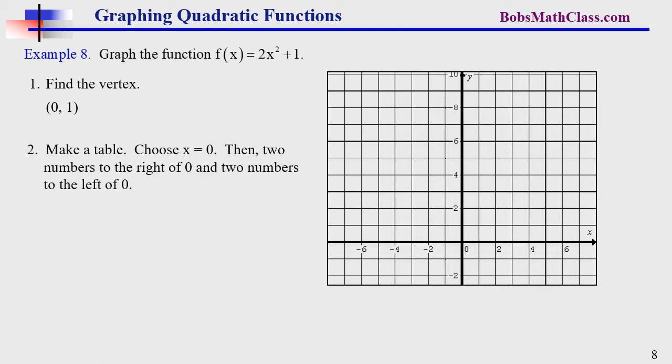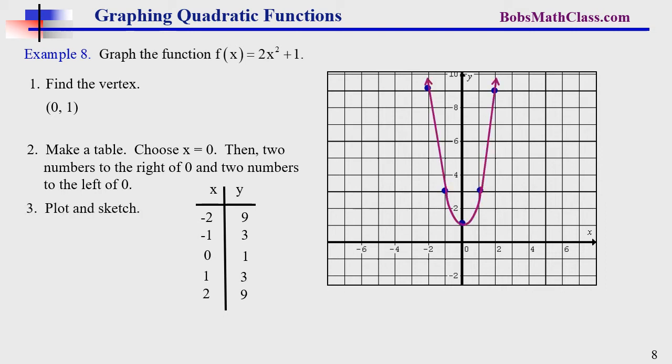Now we're going to make a table, and you're going to start with 0, and go to the left, to the right. Okay, use your calculator or just plug it in by hand to get the y values. Now we could plot those points and get a decent graph. So you can see it is a little more narrow than the other graphs that we've done. Not a lot, but a little bit.